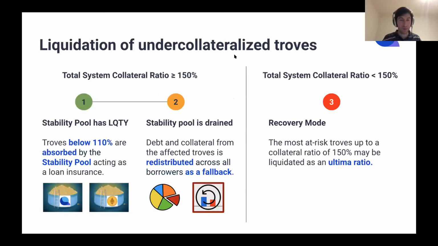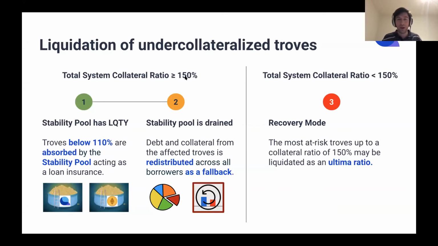Sure, I'm happy to. So we basically have two constraints or requirements. The 110% is for you as an individual borrower. So you have to maintain this, otherwise you get liquidated. But then there is also this 150% ratio, which applies to the total, to all positions in aggregate.